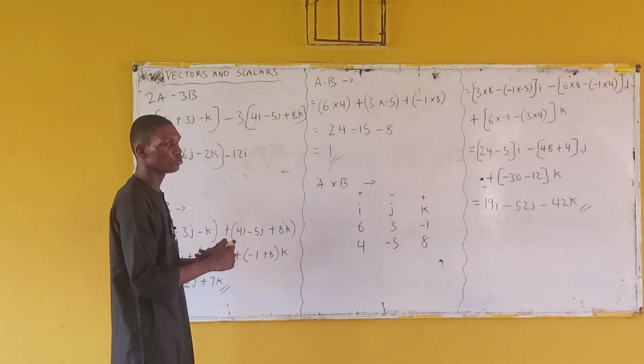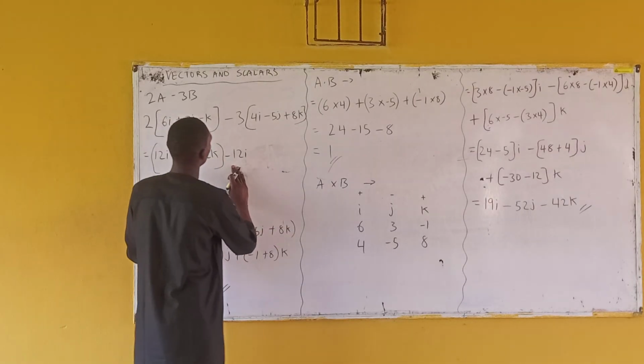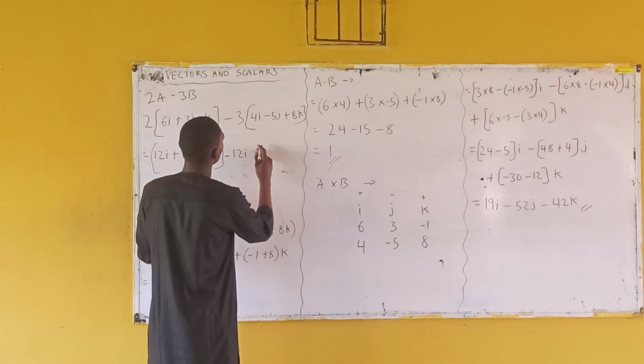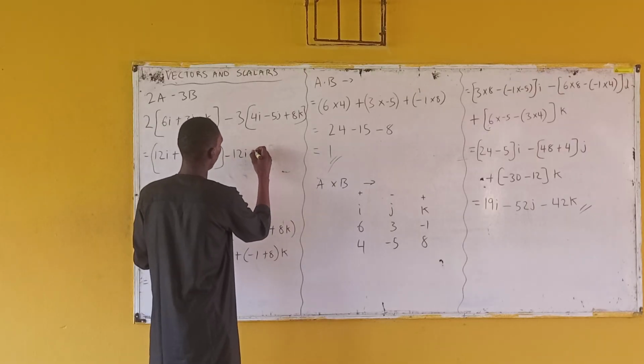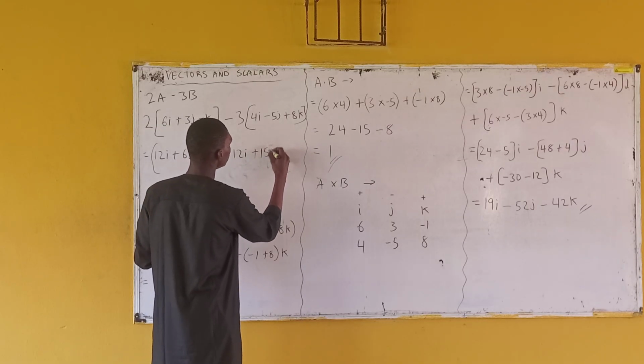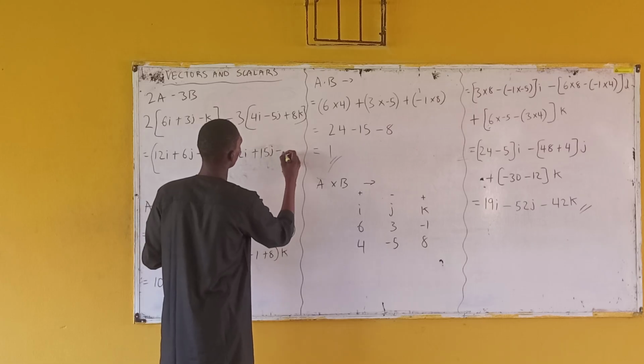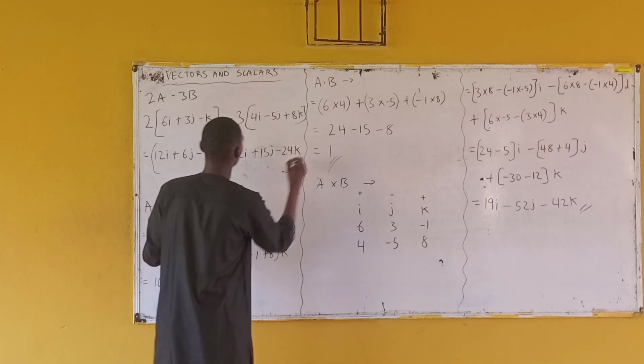So that's 12i minus 12i, minus 15j becomes plus 15j, and minus 24k.